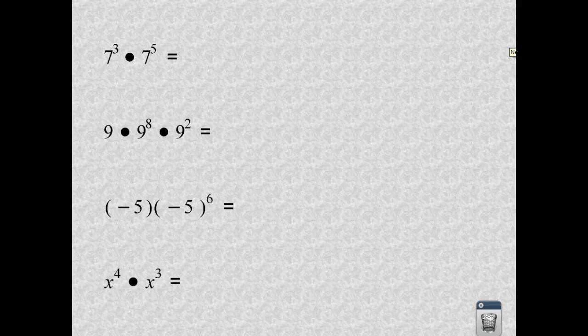We have base 7 raised to the third power, so 7 cubed, multiplied by 7 to the fifth. We have our common bases. We keep the base 7 and add up those exponents, and you get 7 raised to the 8th power.